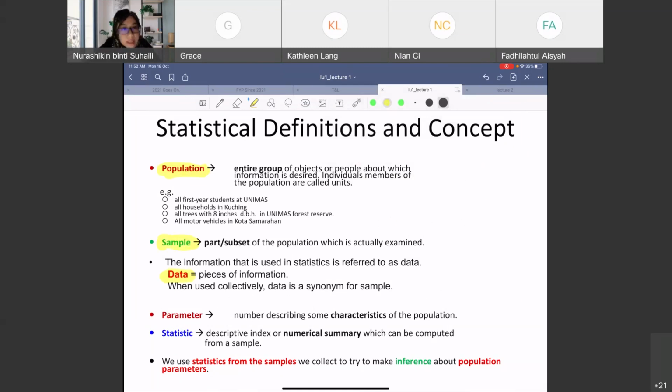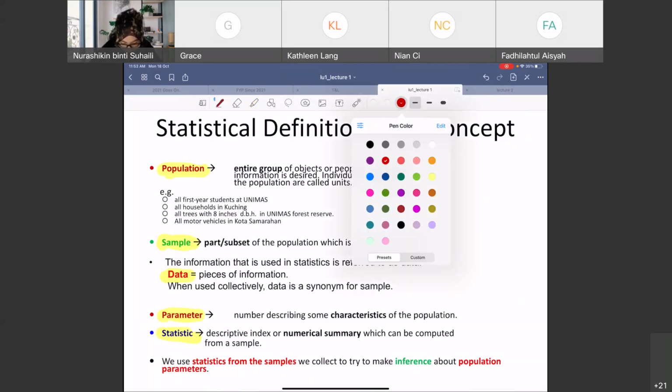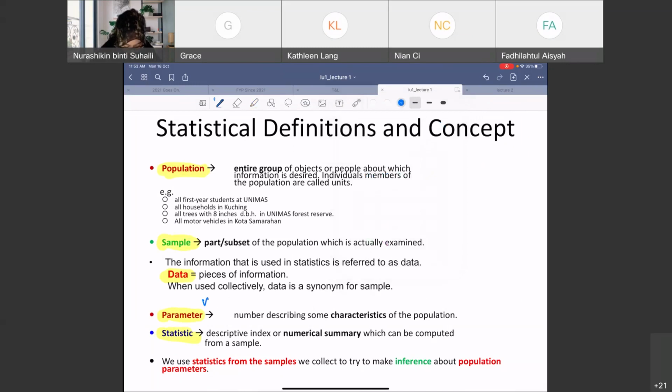Data is pieces of information. Then parameter, statistics, and characteristic. Sometimes we also say variable. Variable and parameter are quite the same. Just now we talked about variable, right? Variables are things that we want to measure, things that we are interested in.